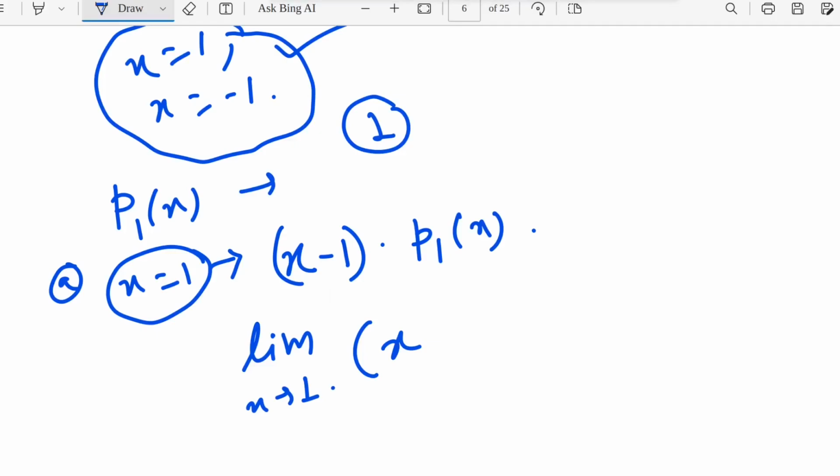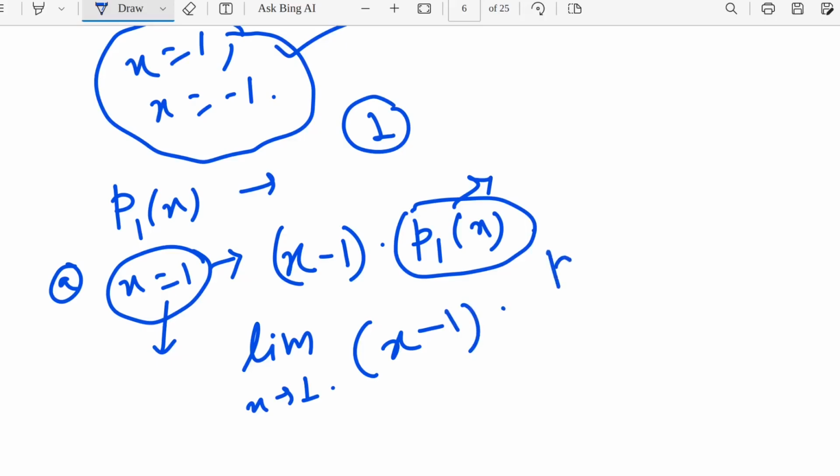So I have to check whether P1x has a pole at x equal to 1 or not. How to do that? Take the limit as x tends to 1 of (x minus 1) times P1x.